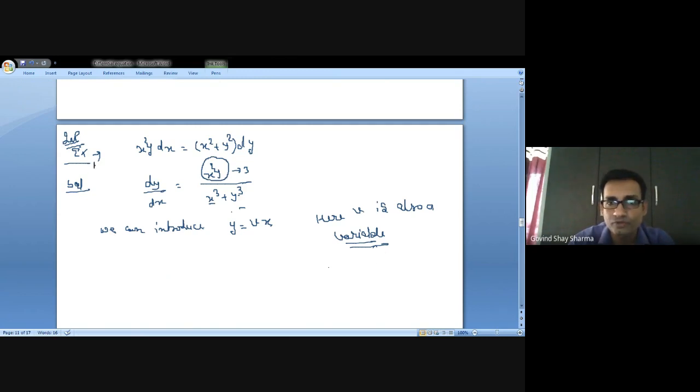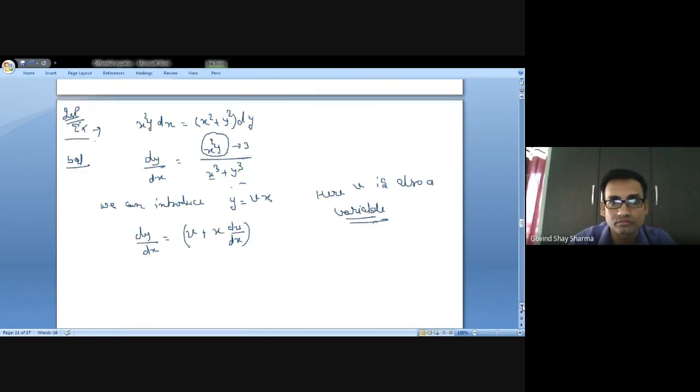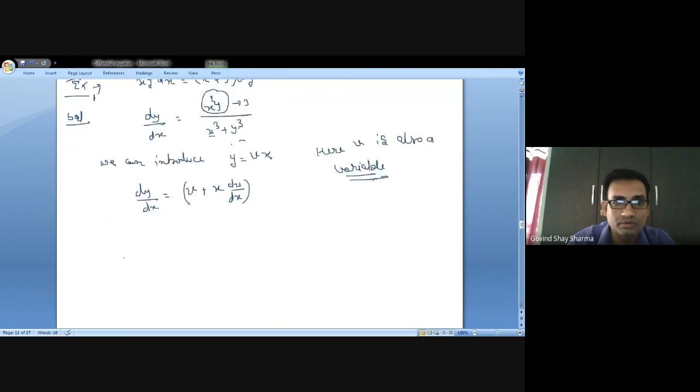So dy upon dx becomes v plus x dv upon dx. Now replace it in the given equation.